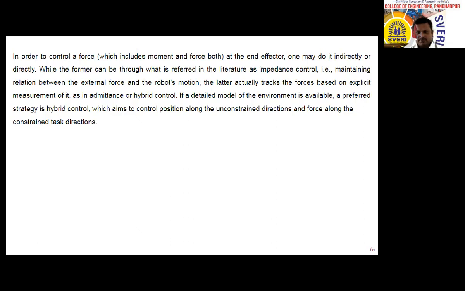If a detailed model of the environment is available, a preferred strategy is hybrid control, which aims to control position along the unconstrained directions and force along the constrained task directions.